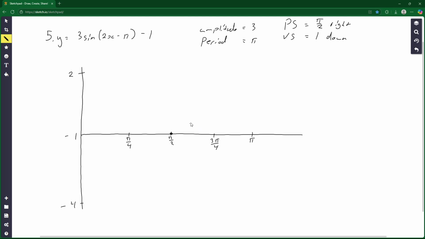So from pi over 2, we're going to be going up to 3 pi over 4. And then we're going to be going down to pi. And then we're going to be extending this to 5 pi over 4. We're going to be going down to -4. This is our next point. And then we'll have to extend this graph just a little bit more to get to that final point of 3 pi over 2.